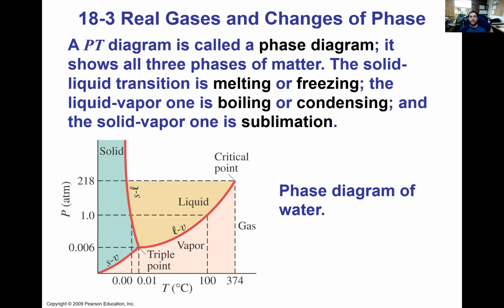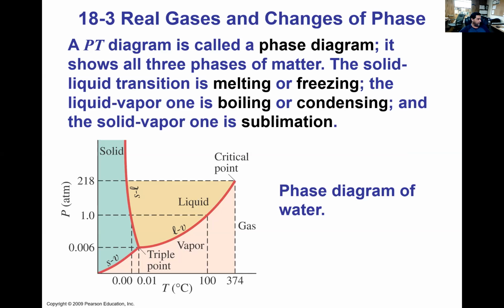You can have sublimation for certain things. If you think of dry ice as a solid, when it's out at room temperature, it immediately goes to vapor. That is sublimation. The opposite reaction, which is not in the text, is called deposition, if it goes from a gas right to a solid.